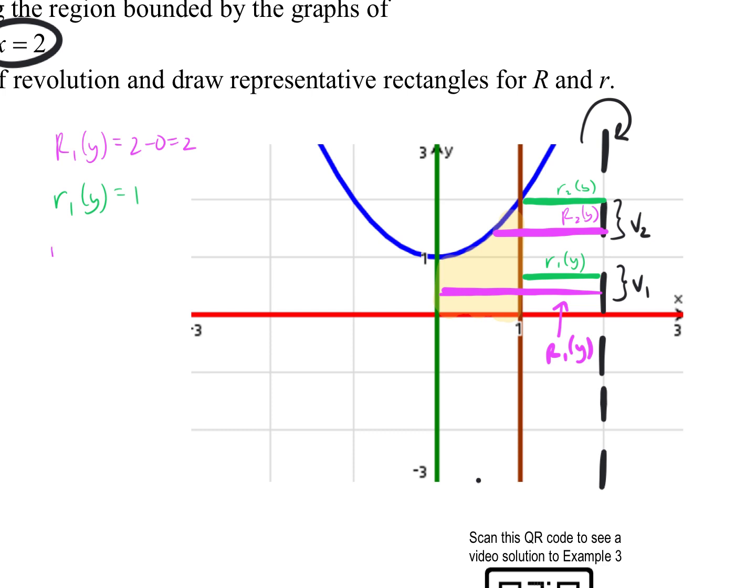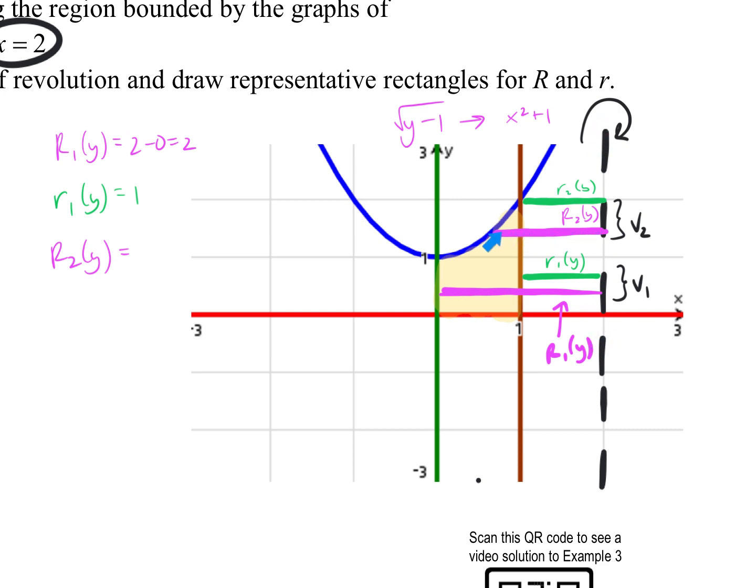Okay. Big R2, we are with respect to y. So this formula is in terms of x, right? Remember, x squared plus 1. So in terms of y, it's going to be the square root of y minus 1, right? These are the same things, just written in respect to x and respect to y. So my big R2 is going to be the square root. Oh, nope, I lied. Which one's on top? The 2 is, right?